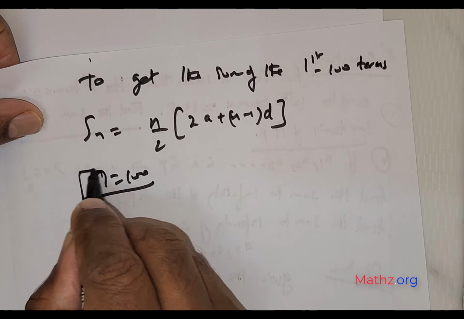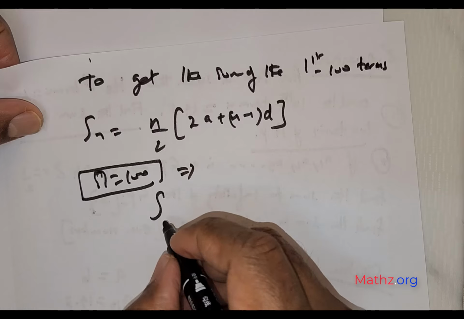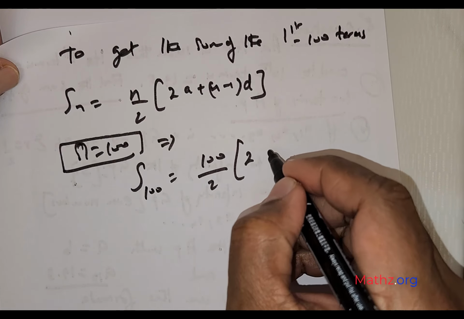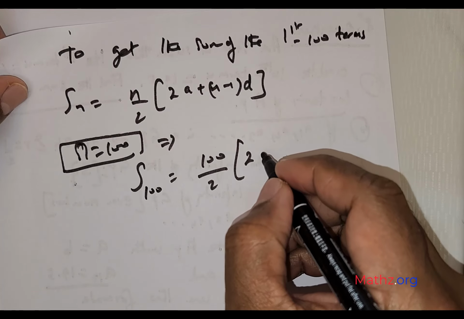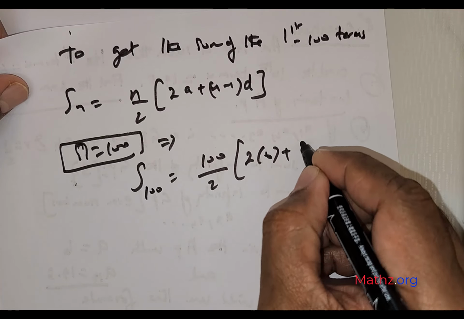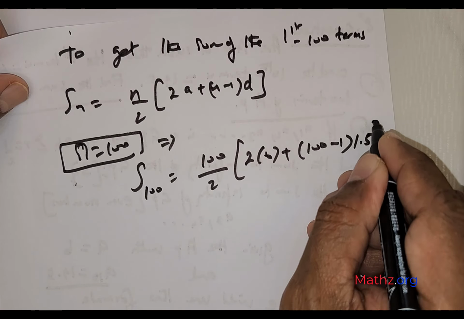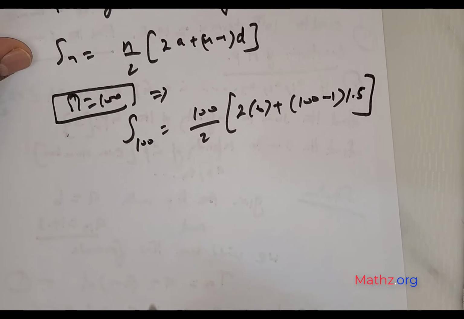Now n is equal to 100. So S100 is equal to 100 divided by 2 times, the first term 6 doubled, plus 100 minus 1, and d is 1.5, the value we just got.